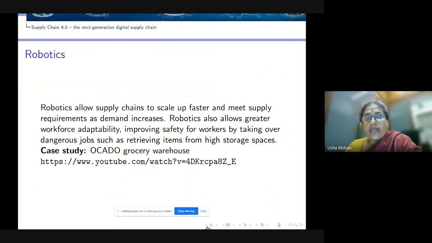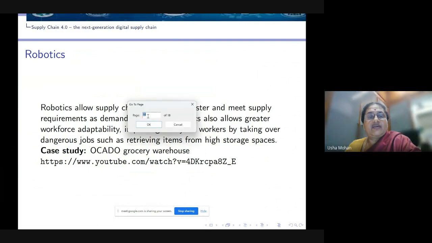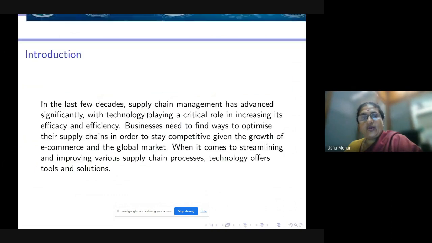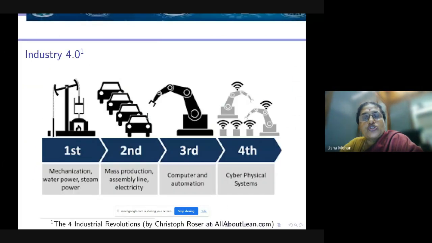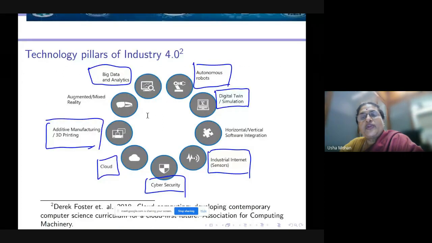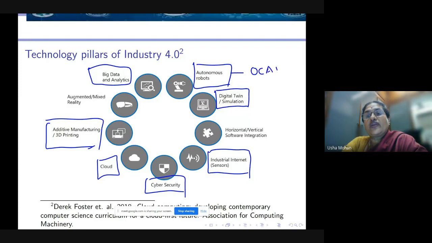Now going back to where we started, looking at the role of technology in supply chains. When I talk about the technology pillars, these are the technological pillars. I showed a case of autonomous robots, the case study of Ocado, where the autonomous robots can help you in automated warehouses.